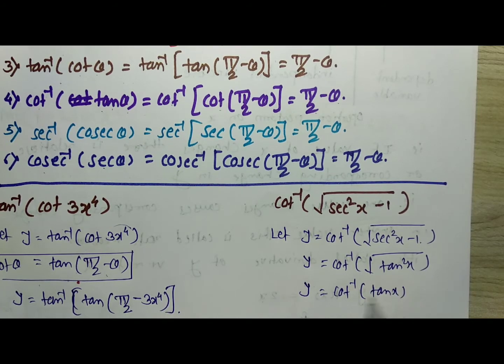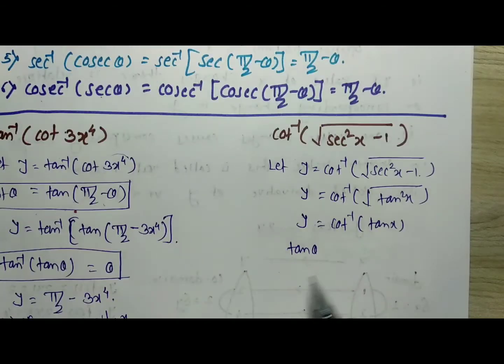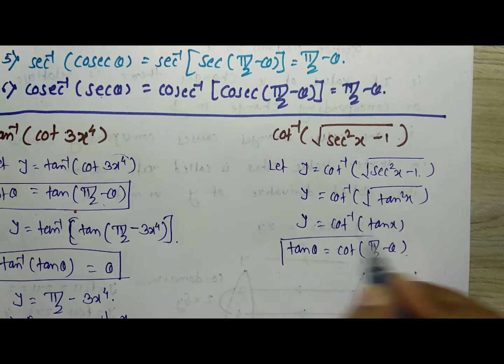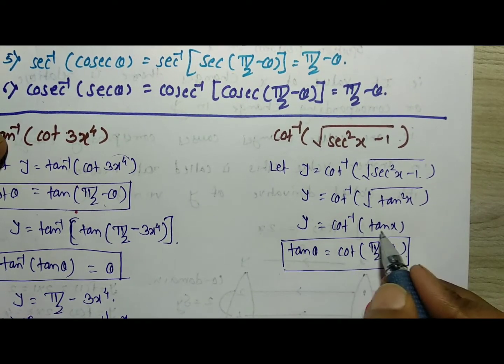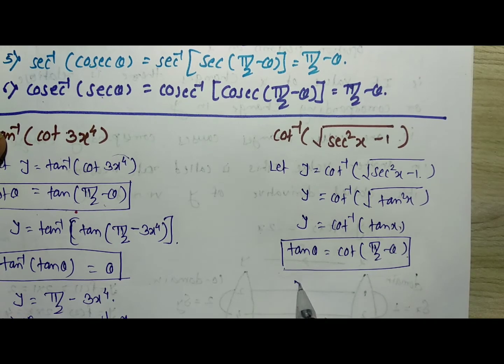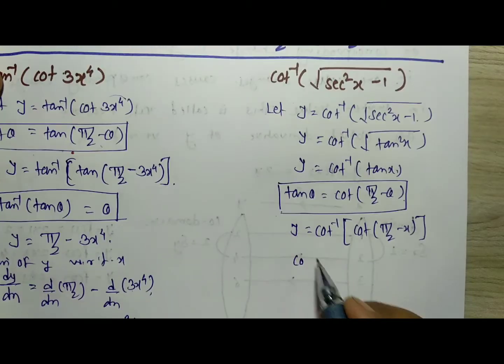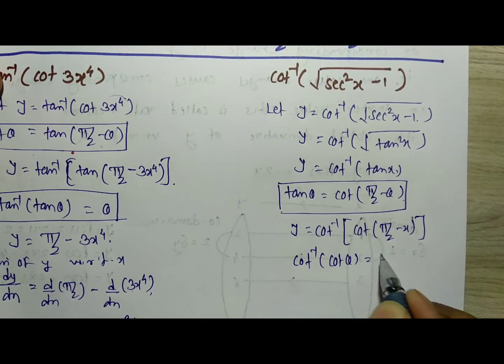Once again we know that tan theta is equal to cot pi by 2 minus theta. By using this formula you replace tan x, so y is equal to cot inverse inside the bracket cot pi by 2 minus x. Once again we know the formula cot inverse cot theta is equal to theta.